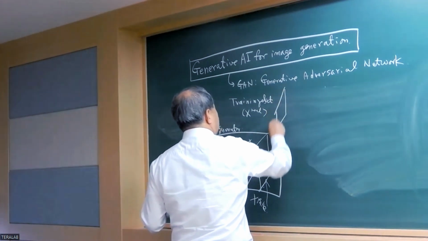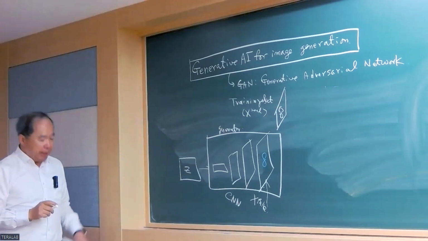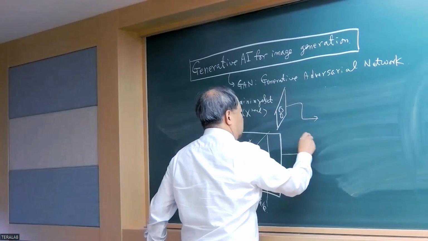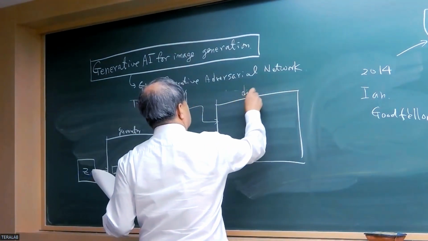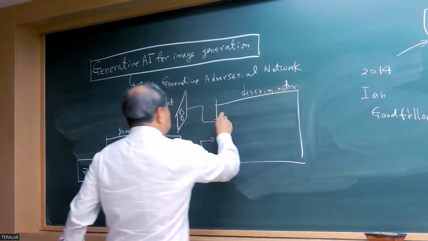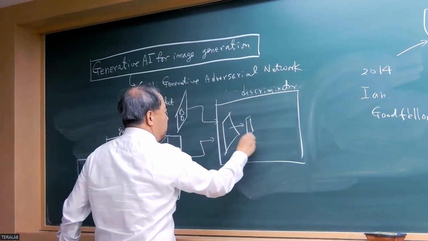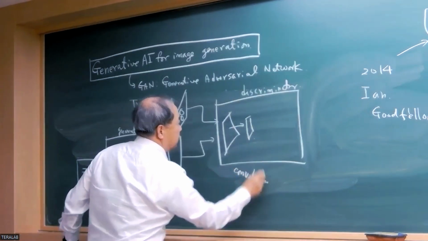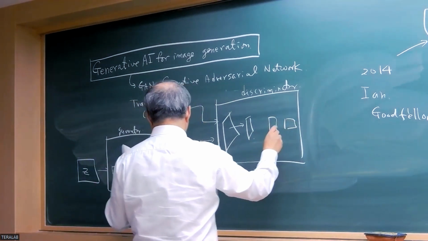Here also we have a clear image of number 8. It will go to the discriminator, which converts the large image to a small image through the convolution process, and finally it is going to produce a number.